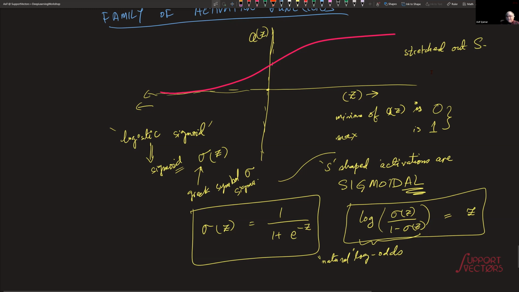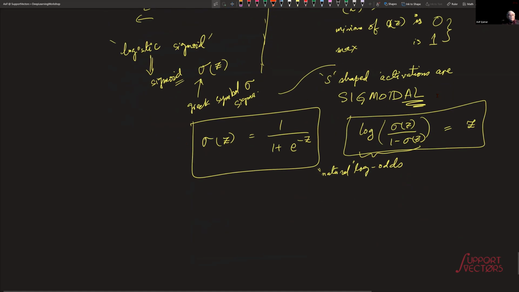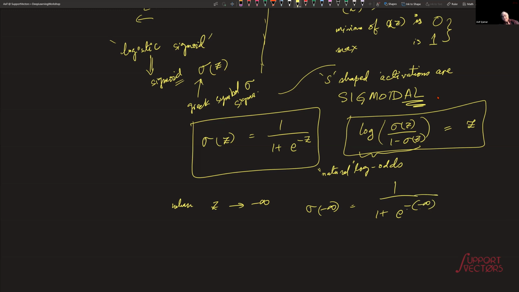Now, let's observe this function a little bit, and I'll study the sigmoid in some depth for you. When z tends to minus infinity, what happens? Sigmoid of minus infinity is 1 over 1 plus e to the minus of minus infinity, which is 1 plus e to the infinity. What does it do to the denominator?